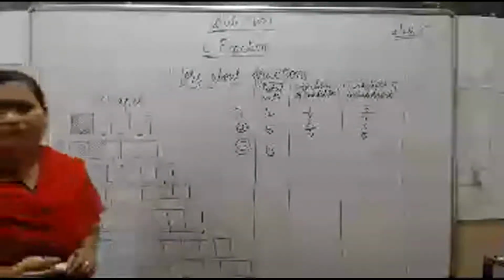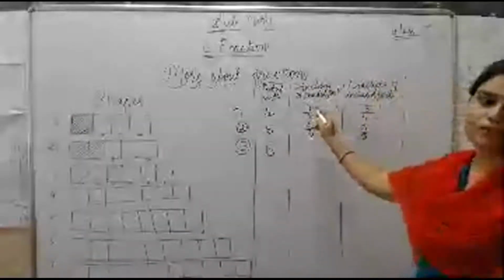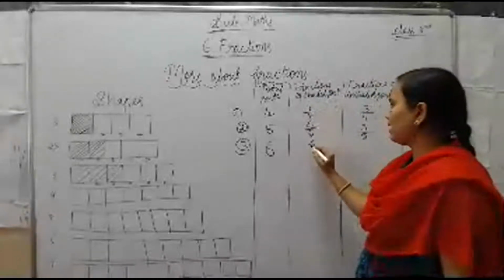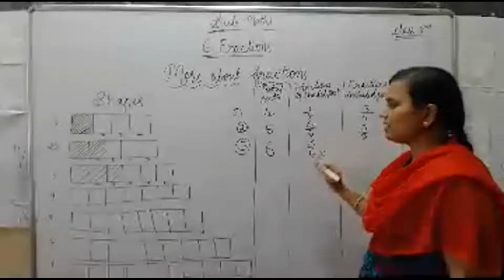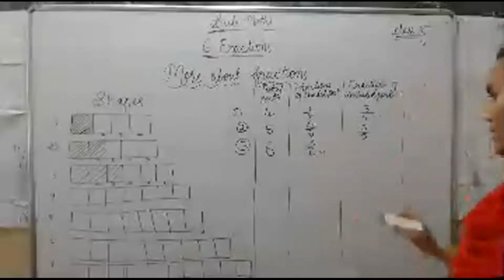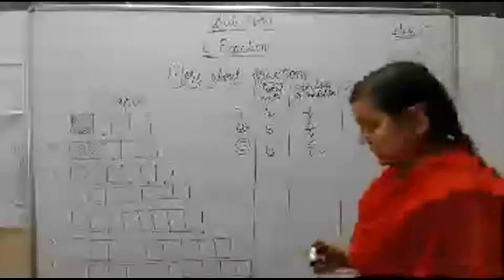The fraction of shaded part is 3 by 6. 6 is the total number of parts and 3 is how many parts we shaded. It comes in the numerator. Understood?